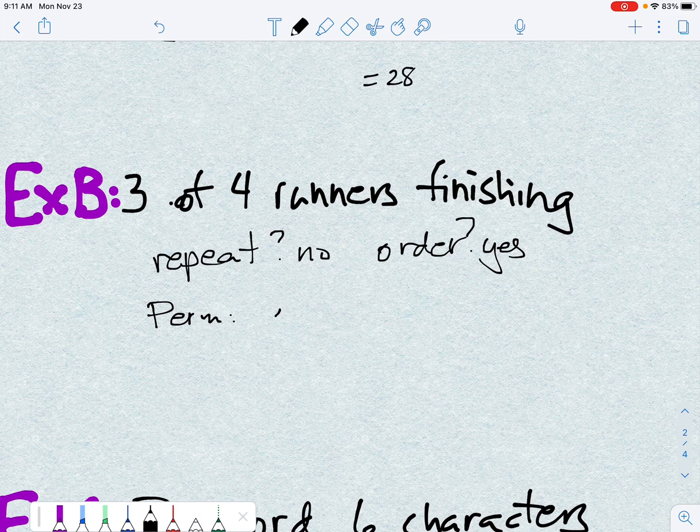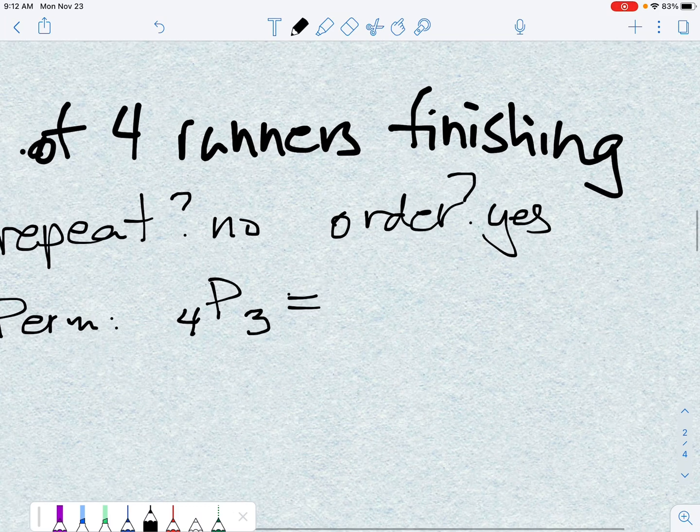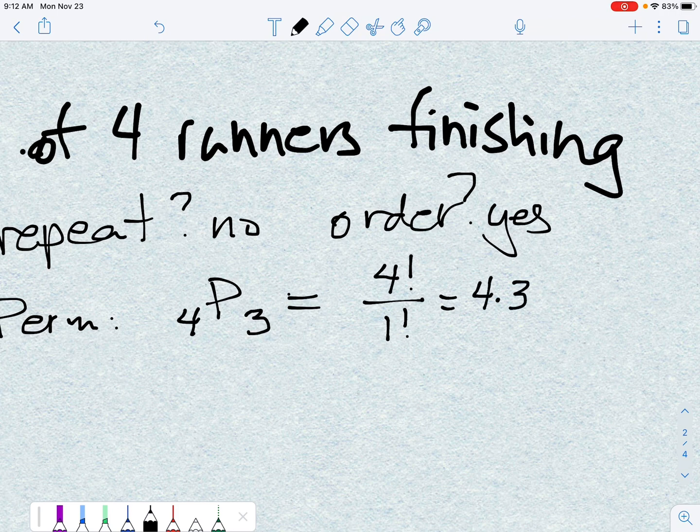So we are picking 3 runners from 4. And so we would do this as 4 factorial over 4 minus 3, which is 1 factorial. So this is 4 times 3 times 2, which is 24.